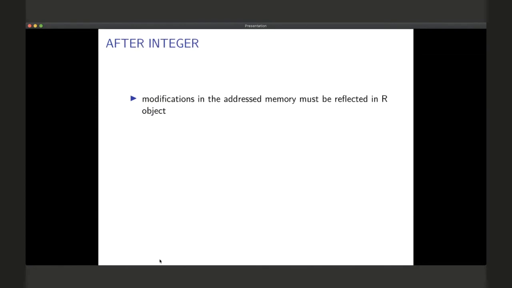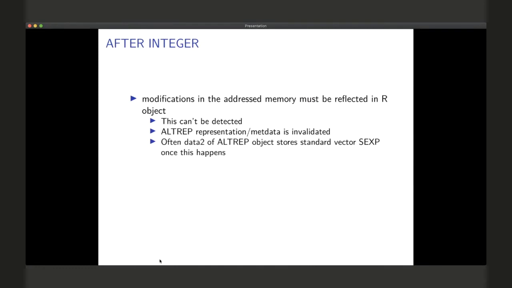And again, I'm hammering on this over and over, but modifications in the addressed memory of the pointer that you get when you call integer must be reflected in the R object. This can't be detected by your altrep class, which means that the metadata and representation are going to be invalidated.